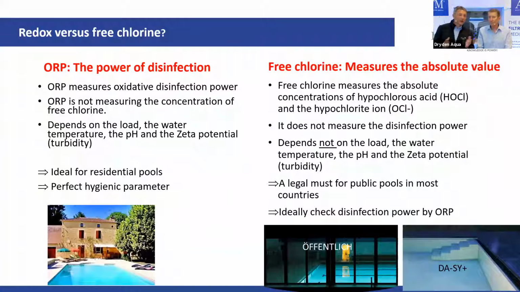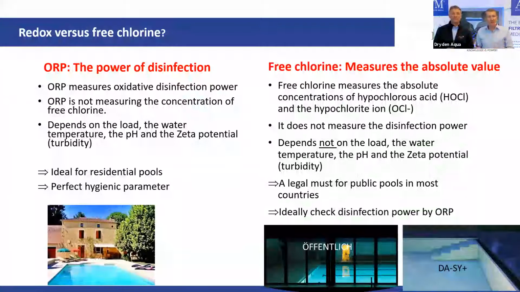And this is not a bad thing because, again, the ORP, Philip will explain the difference, it really shows us the power of disinfection. Yep. So ORP measures the disinfection power of the water. It does not measure a concentration, for example, of free chlorine.